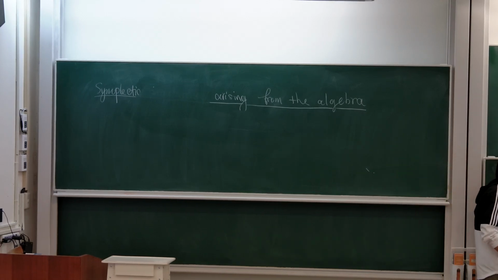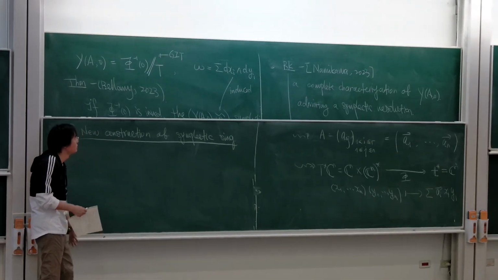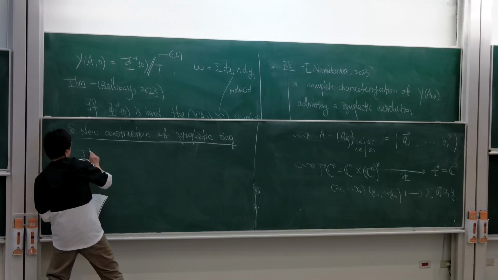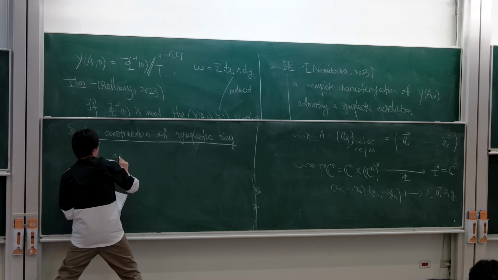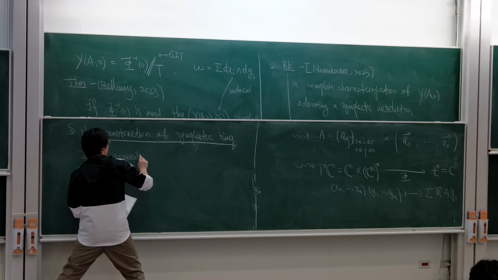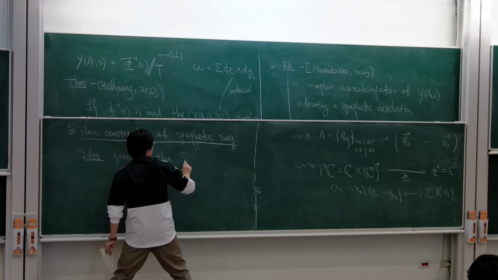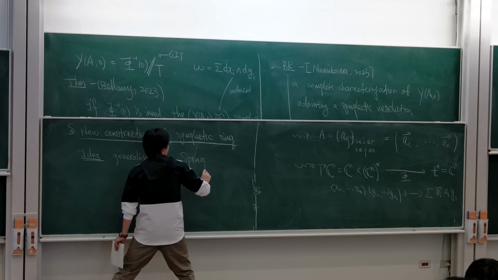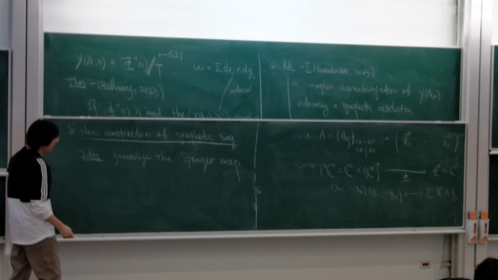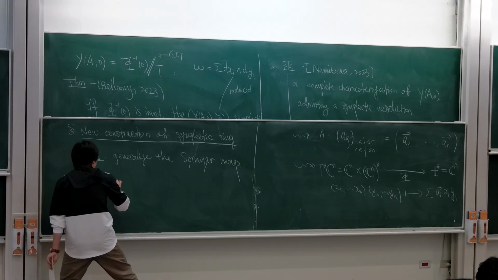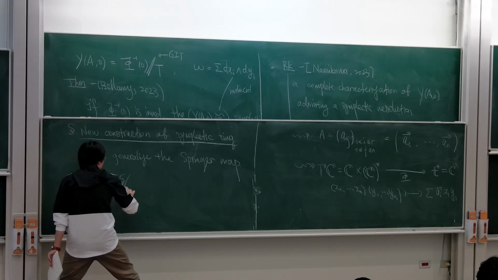So what we try to do is generalize the Springer map. Idea. We want to generalize the Springer map. Just recall how to construct singularities for the cotangent bundle of G/P.